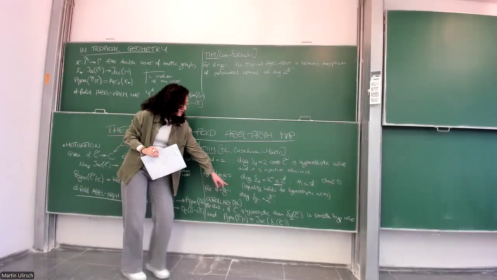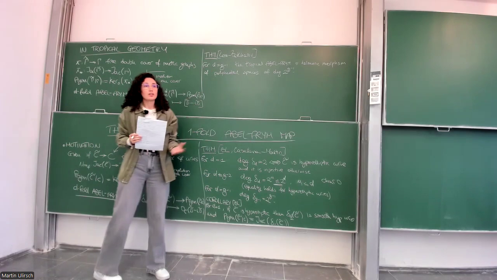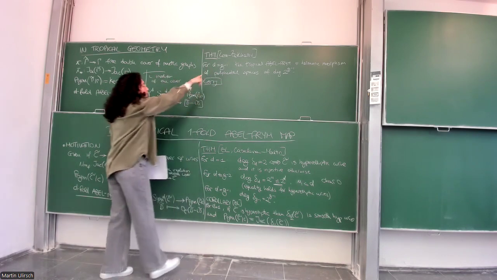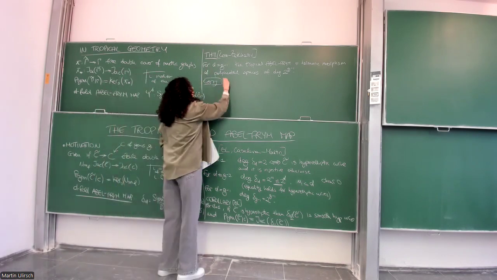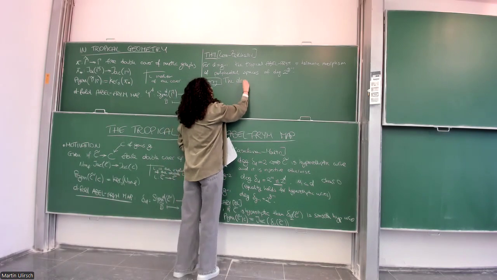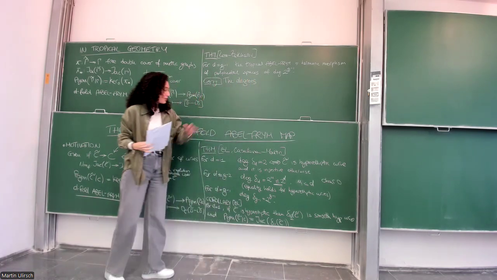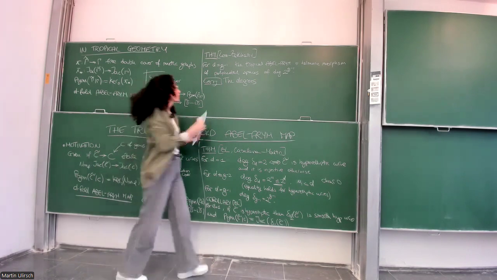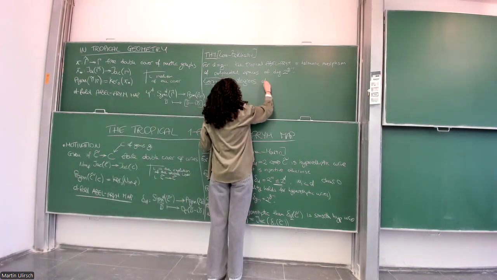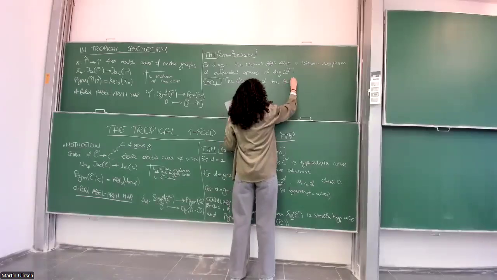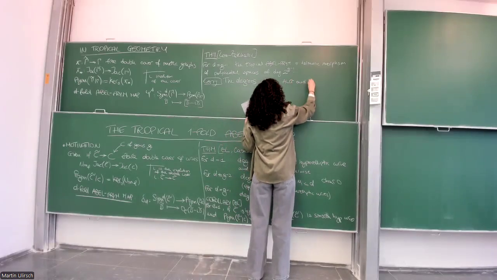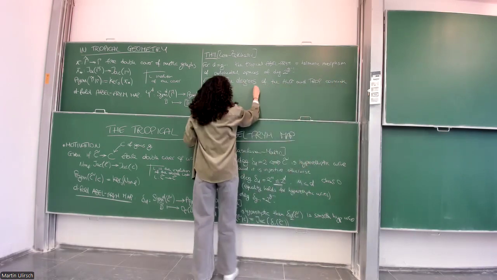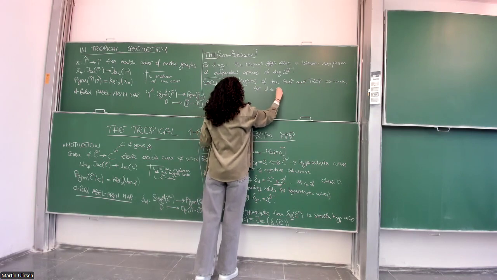And motivated by this similarity, they also wrote this conjecture in the same paper, saying that the degrees of the algebraic Prym and the tropical Prym coincide for each d less than g minus 1.